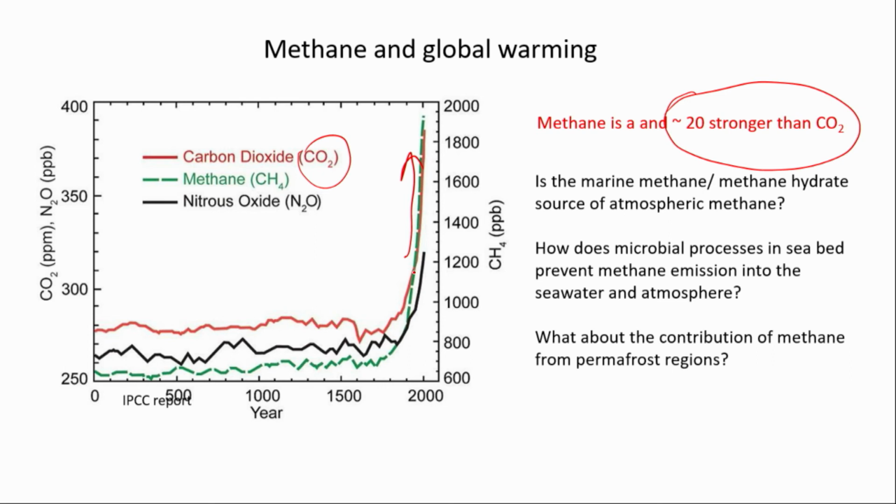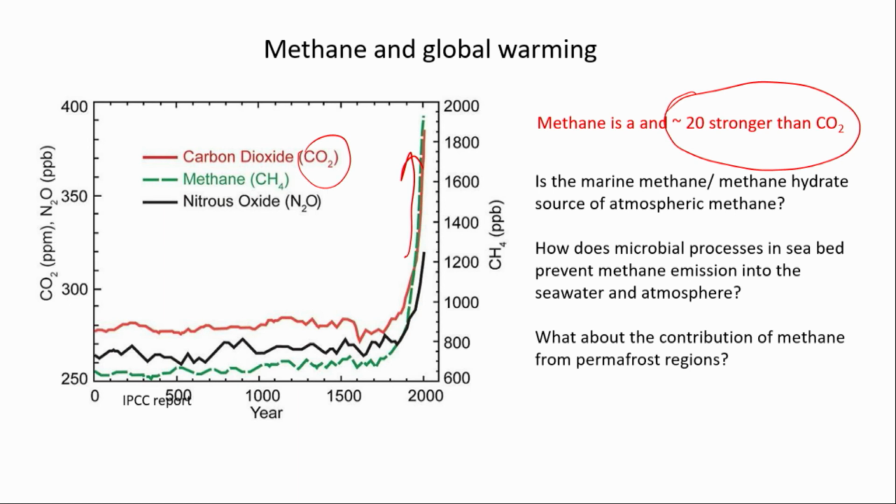So we need to study the methane fluxes from the seabed and from other wetland regions, because this is a very important global warming gas, and how they are consumed by different biogeochemical processes in the sediment, which reduces the flux of methane from the seabed.